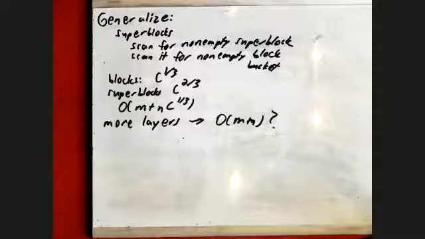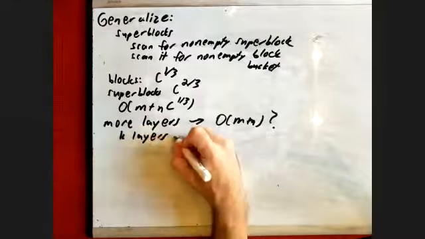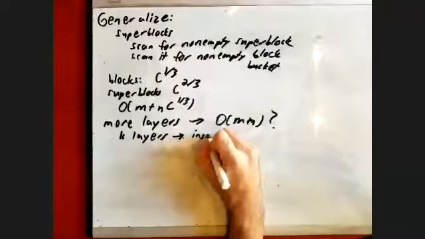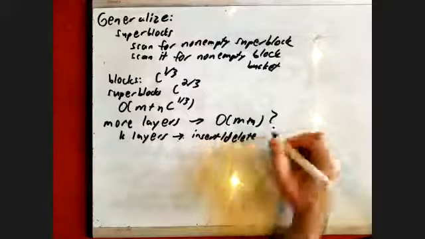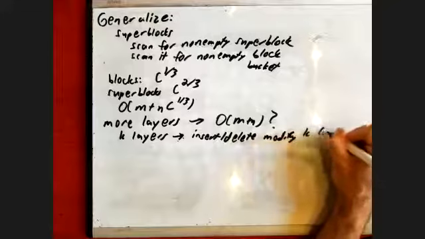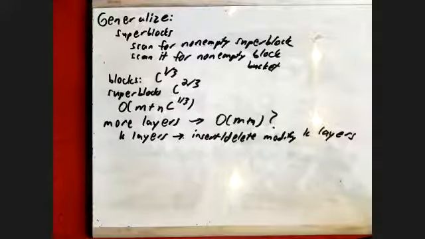So if I have k layers, that means that inserting or deleting an item is going to modify k layers, right? And notice that I insert or delete items once for every edge.